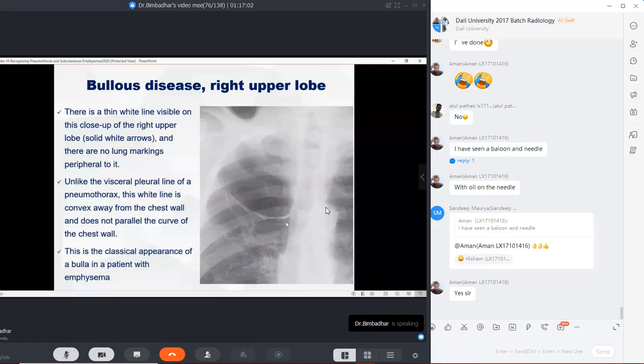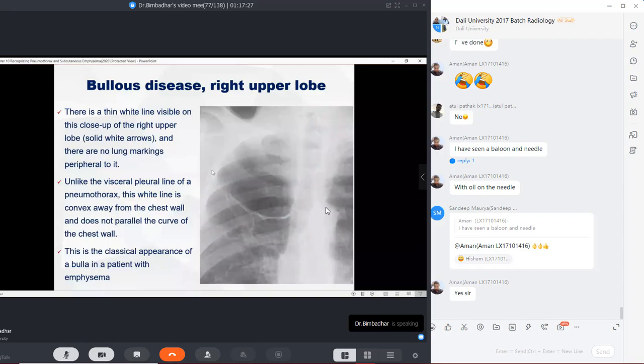In pneumothorax, yes, it has to be parallel, but this one is not. Even though there are absent pulmonary markings, I still don't call this a pneumothorax, because I am seeing that the pattern is not running parallel to the chest wall, but perpendicular. So that is how I know this is a bullous emphysema.